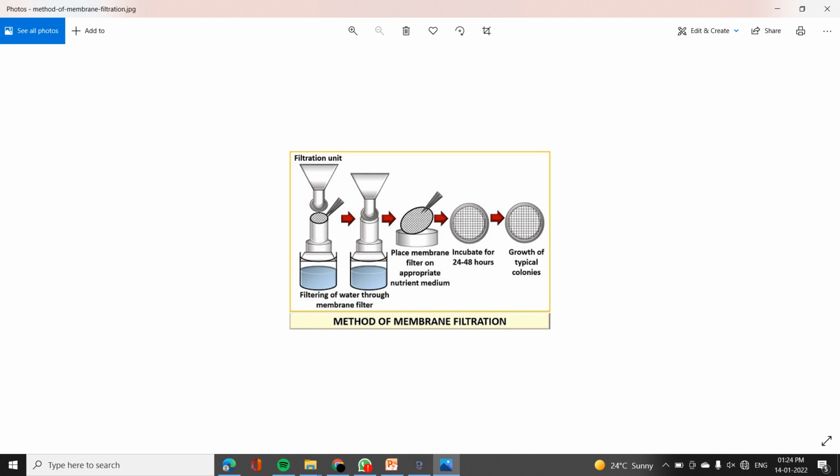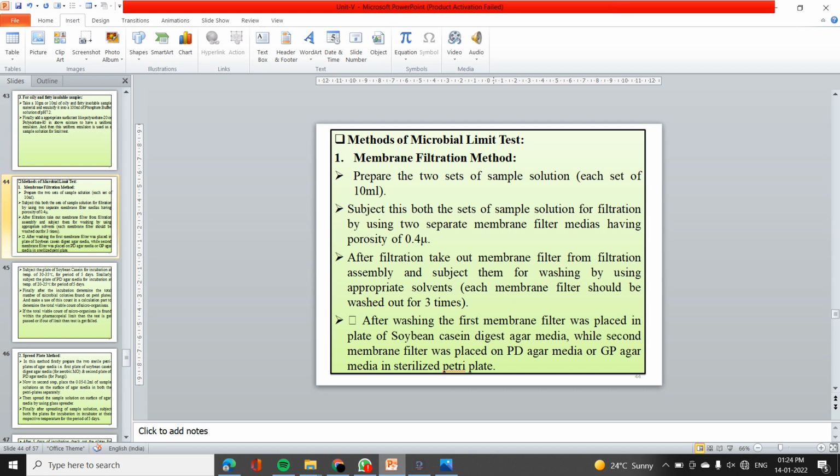This filter membrane is then subjected to a specific solvent for washing.